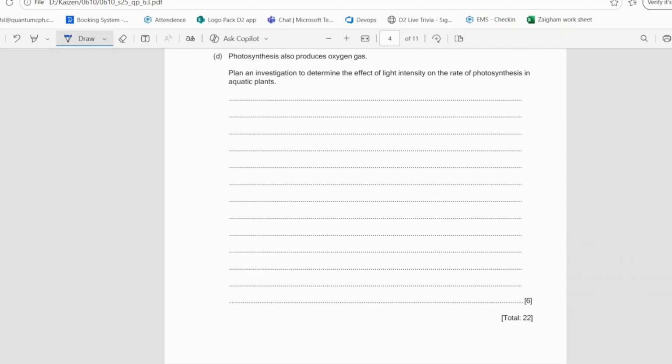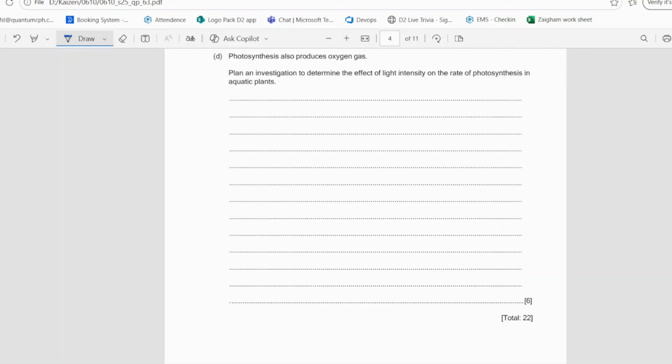Exactly. Correct. Then. Okay. Correct. So the method is, the light intensity would be changed by changing the distance of the lamp from the test tube.